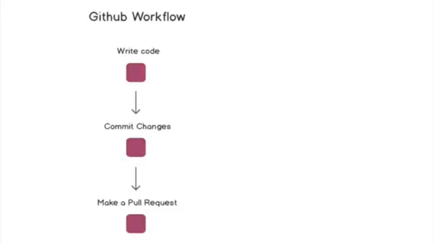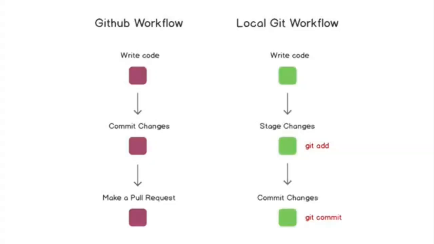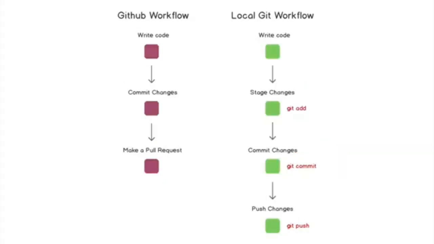So let's compare this workflow if we're just writing code on GitHub versus doing it locally and then pushing it up to GitHub. So locally in our text editor, we wrote the code, and then we had to do git add to let Git know about the changes. And then we saved them to Git using the git commit command, and then we pushed them to the remote repository on GitHub using the git push command.